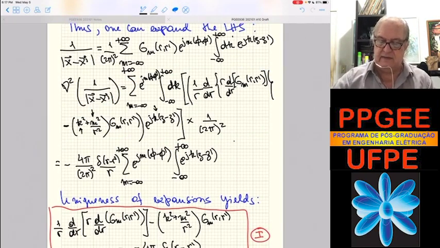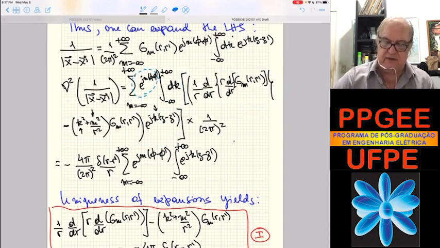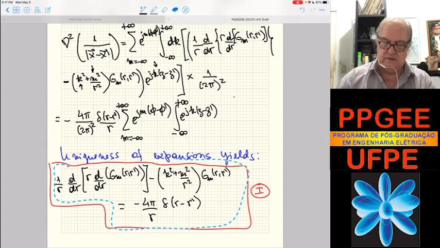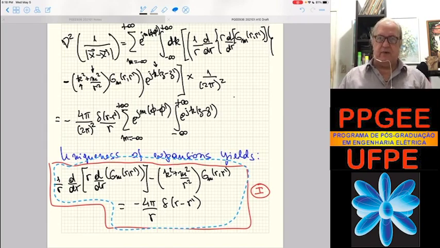It means that the term within brackets, which is the coefficient of the complex exponential in phi and the complex exponential in z, has to be the same coefficient, which is the sum here. So we have this differential equation for the radial function, and we have to solve that problem.